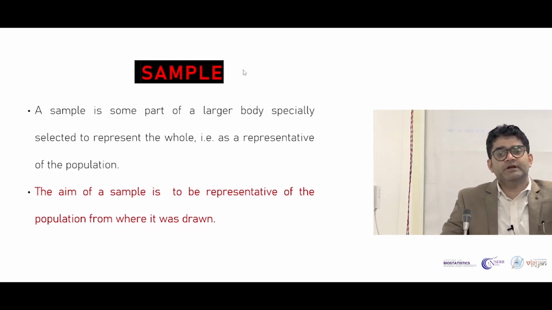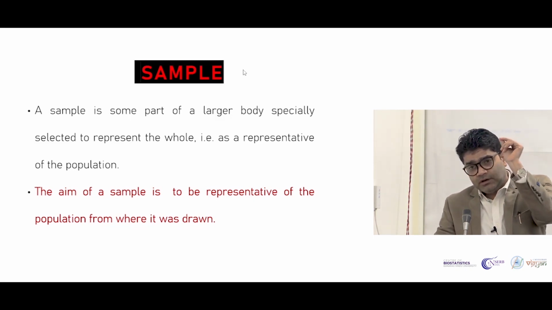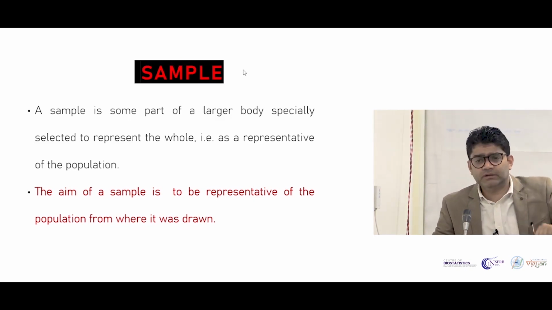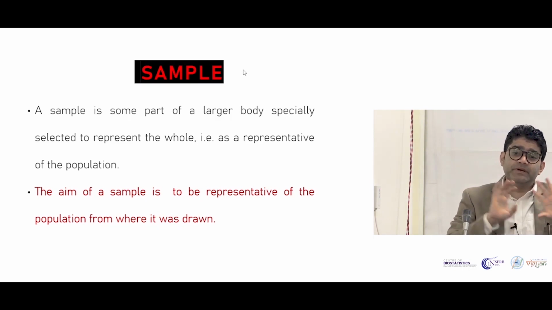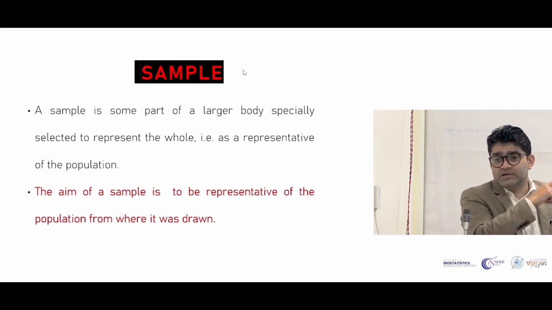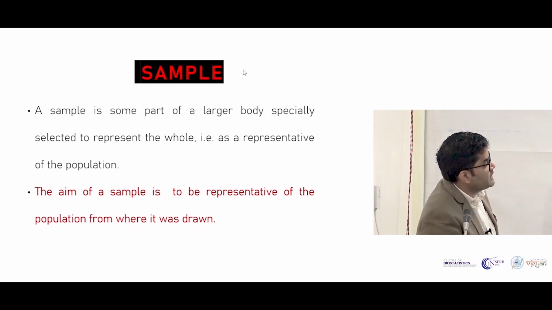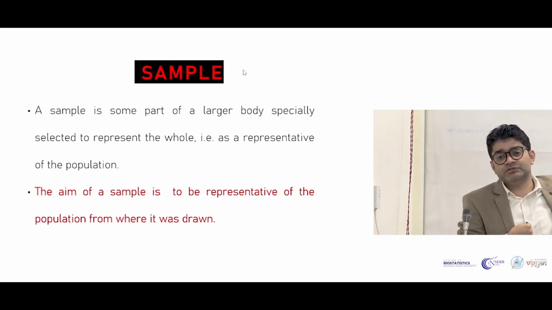Okay, that group can be of length 100, can be 10,000 or something different, anything. But population is a bigger body on which you want to generalize your finding based on the sample. Okay, the aim of the sample is to be representative of the population from where it was drawn.